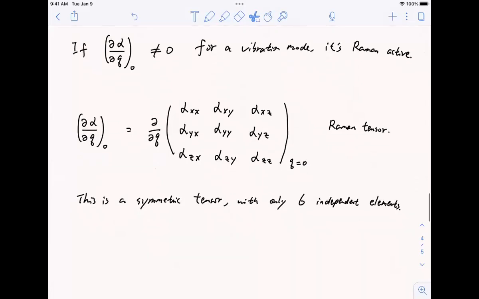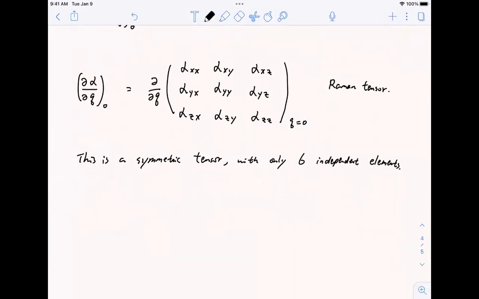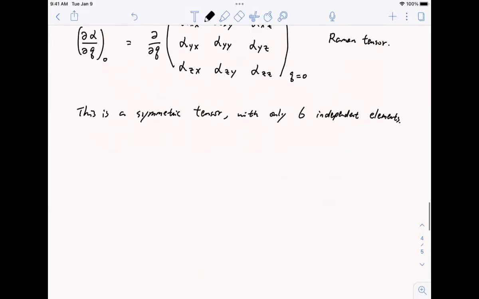So in complement, let me also talk about the infrared interaction. So we talk about both of them together. For infrared, you have a molecule, let's say a CO, carbon monoxide.